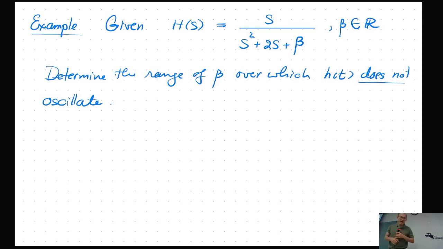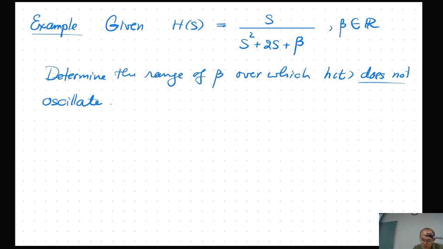We have to use the fact that h(t) will oscillate when there is a complex pole, right? h(t) oscillates when some of the poles are complex numbers, meaning that the imaginary part is not 0.